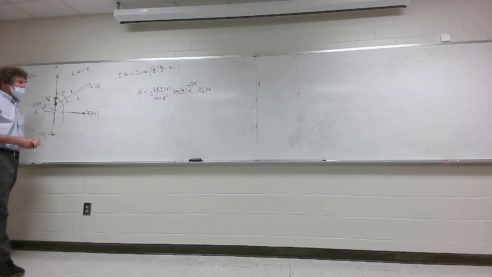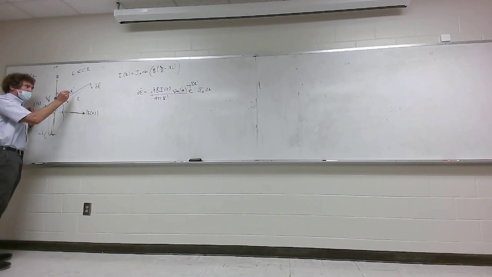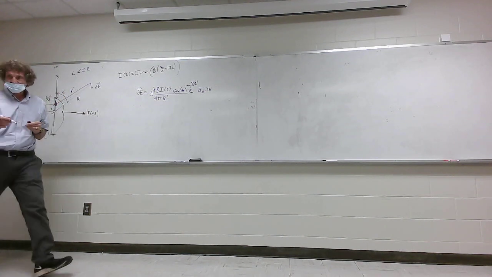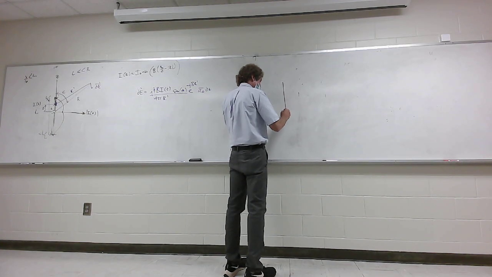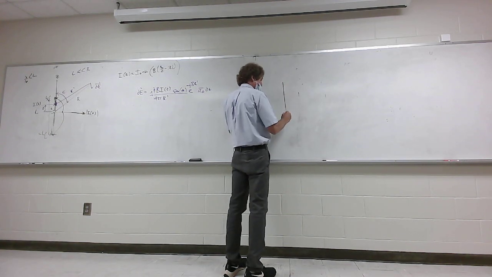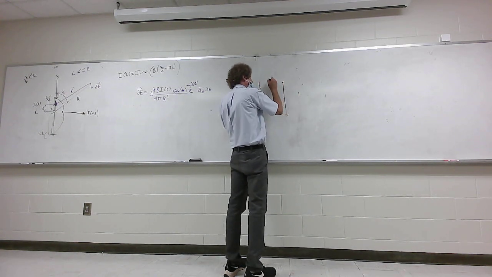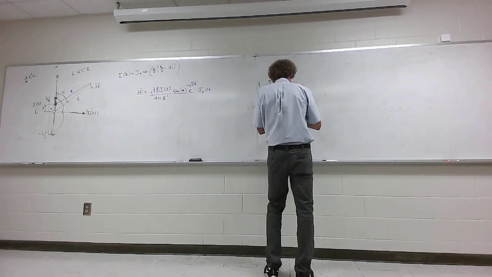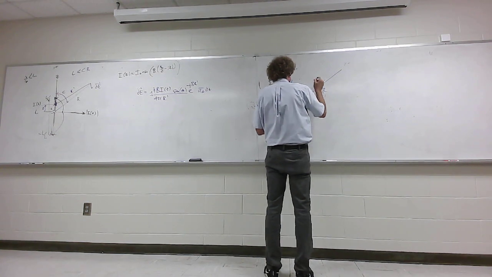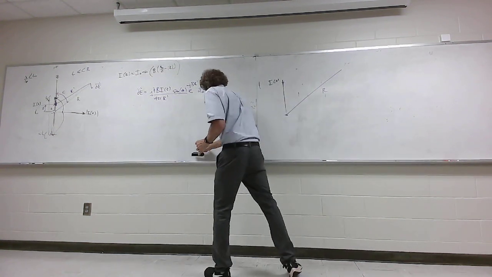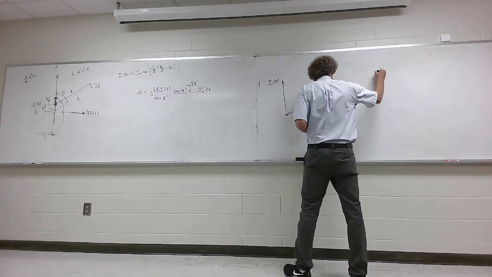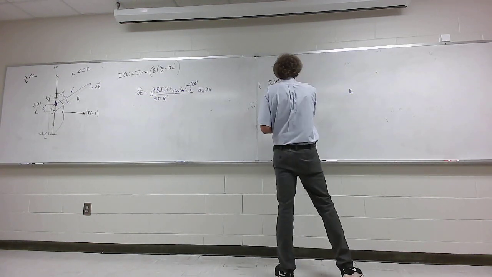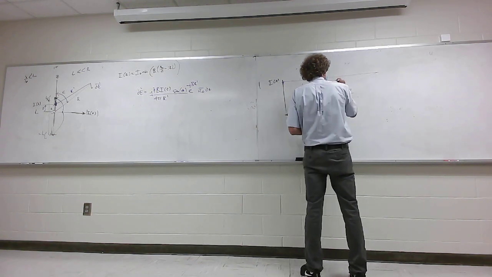And here's where some of the stuff happens. When I look at this, I know these two are going to play a critical role. So I'm just going to show you up here. If I have an antenna, and this is the origin, and this is my point where I have I of z right here. This is R, and this is R prime.